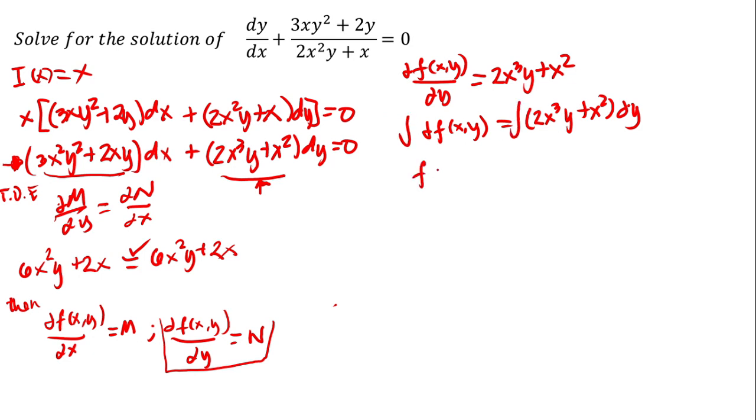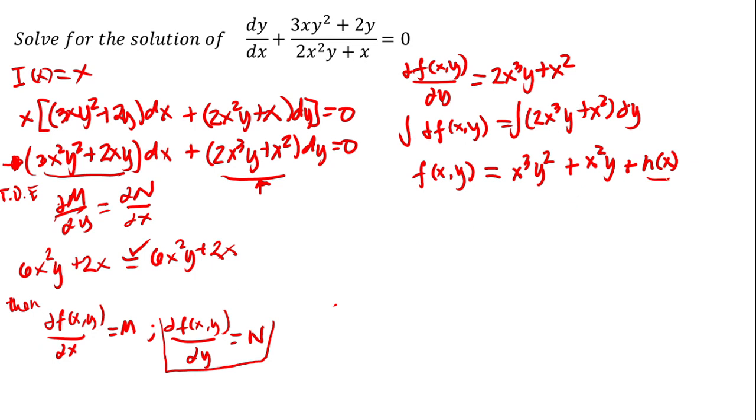So our solution f of x,y is just equal to the integral of 2x cubed y dy, which is x cubed y squared, plus the integral of x squared dy, which is x squared y, plus h of x.